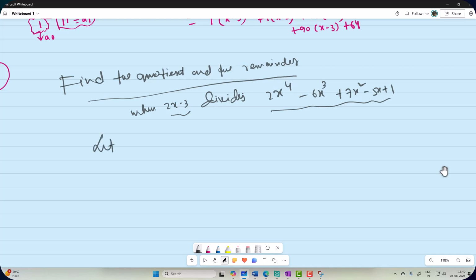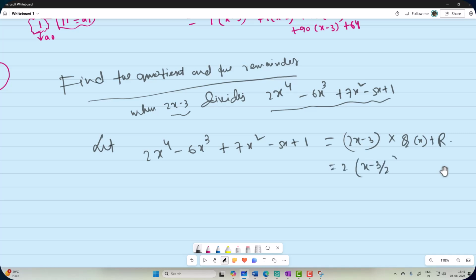Let you write 2x to the power 4 minus 6x cubed plus 7x square minus 5x plus 1 equal to, first we are writing that remainder theorem only, just to understand the process, (2x minus 3) q(x) plus r. This you write as 2 into (x minus 3/2) into q(x) plus r.